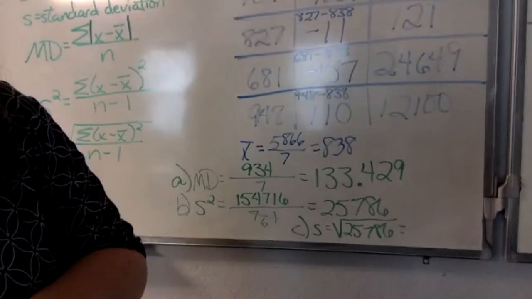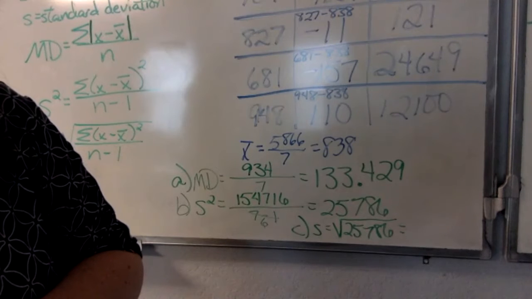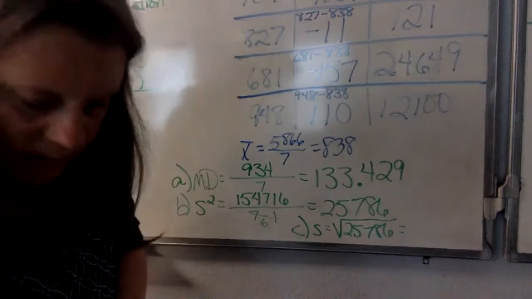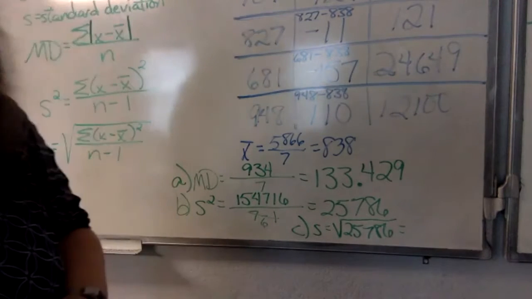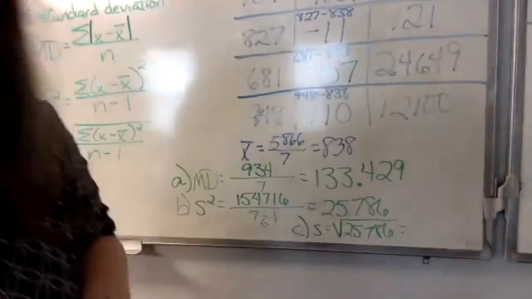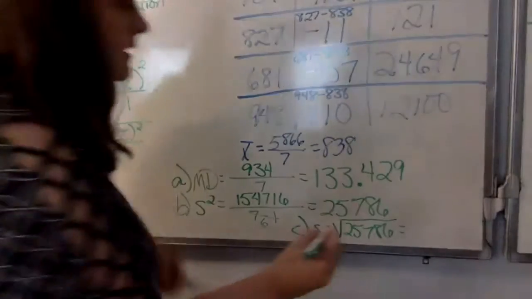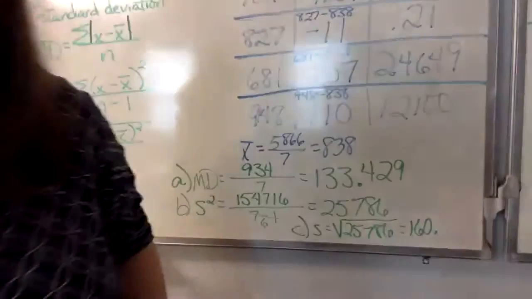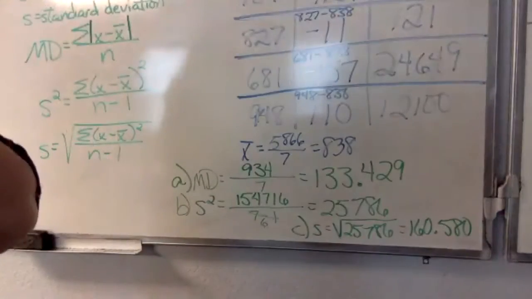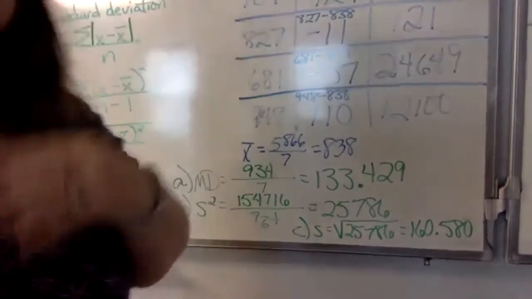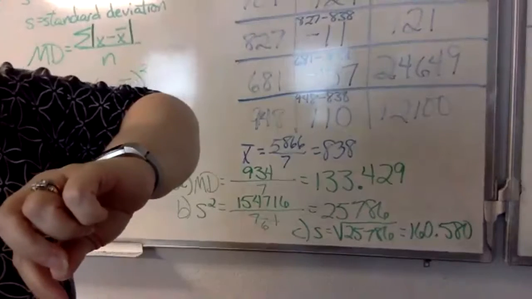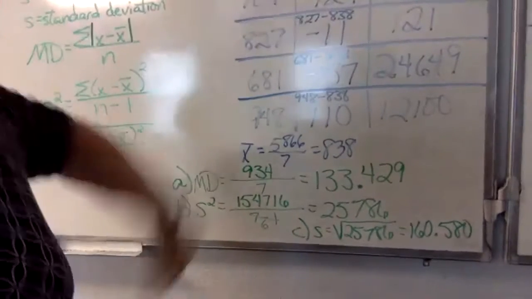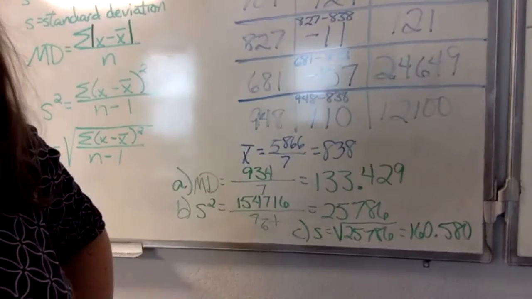You get a big long decimal again. Remember, we're keeping how many decimal places? 3. So we have 160.580 as my standard deviation. See, it's almost 1:30 and we've only finished one problem. Told you, these are hard work.